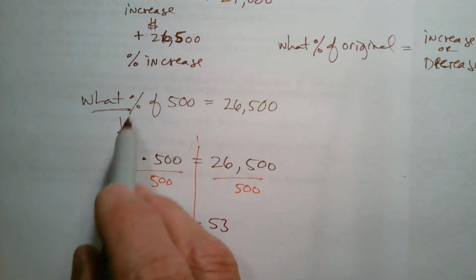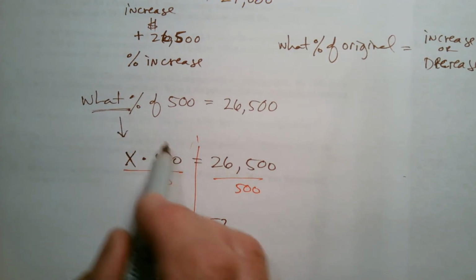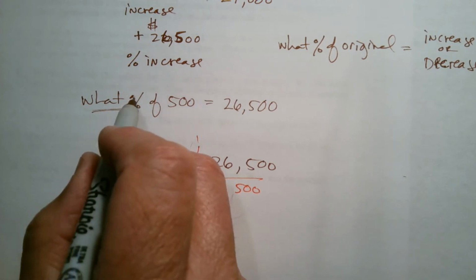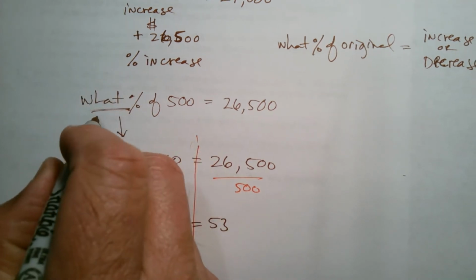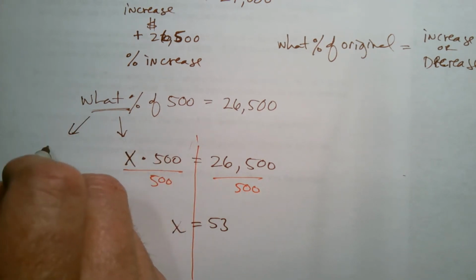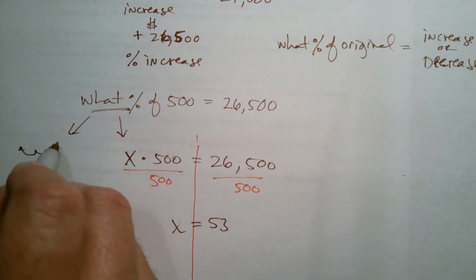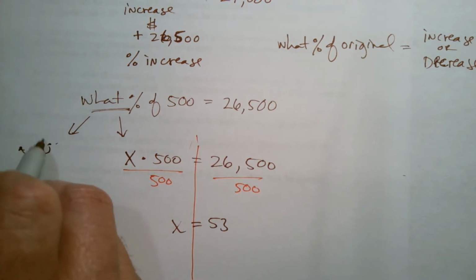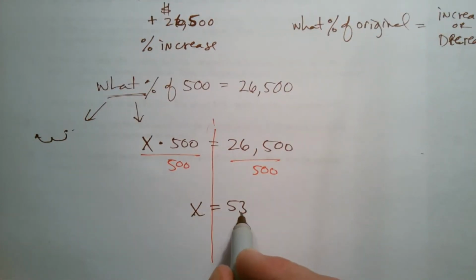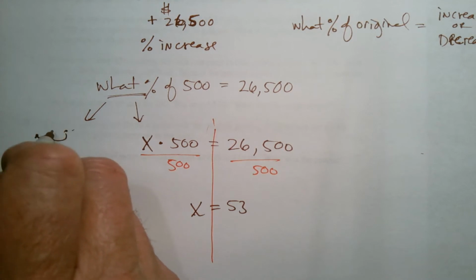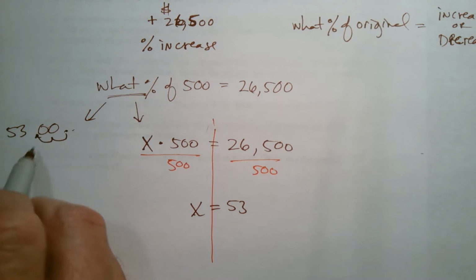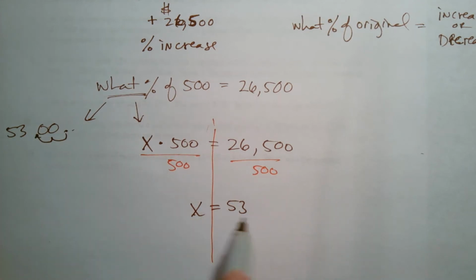So what is x? x was the percent. But when we deal with percentages, when we're multiplying a percent times anything, we never use the raw percent. We always move the decimal place a couple times before we actually use the multiplication. So if x equals 53, that is the multiplier in decimal form.